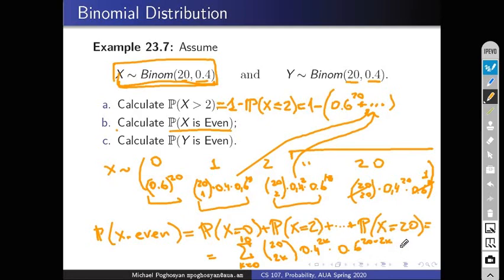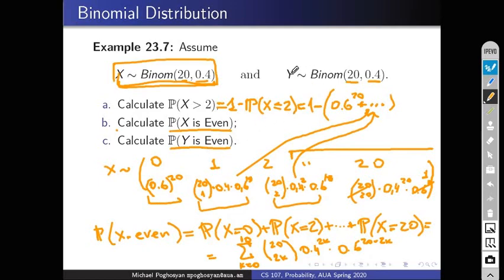I will not calculate the value of this sum. You can do that by using R or any other software, or you can just find a closed form formula for this by using that binomial expansion, binomial formula. Okay. The next one is calculate that y is even.